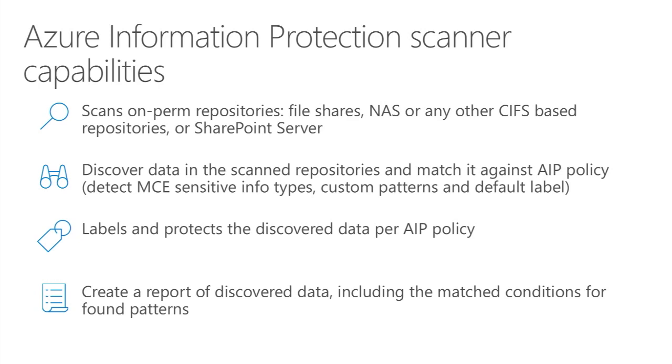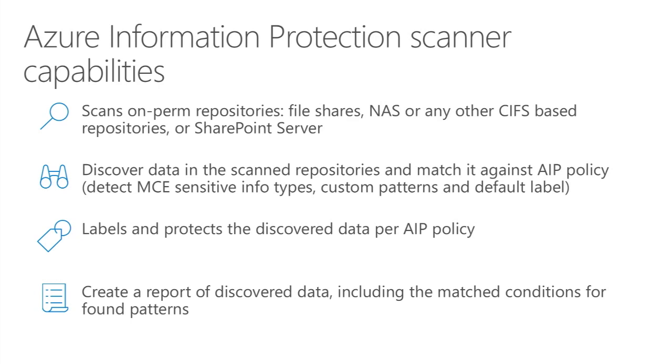The AIP scanner can run in two different modes. It can run in a discovery mode, which means that it runs a full scan on all your file repositories and simply reports what kind of sensitive information types it detected. Or you can run it in enforcement mode. Whenever running it in enforcement mode, it also classifies the documents for you.